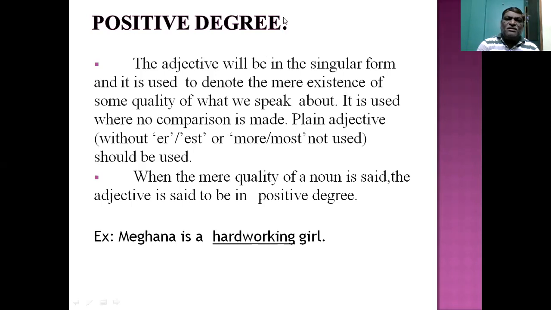You are not comparing Meghana with any other person. You are simply describing the quality present in Meghana. So a positive degree merely talks about the quality present in a noun or a pronoun.